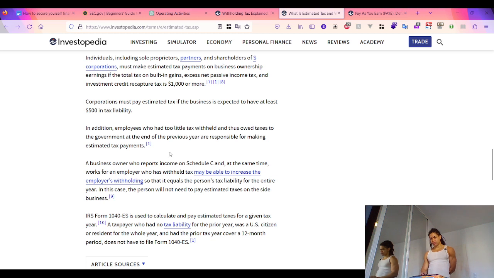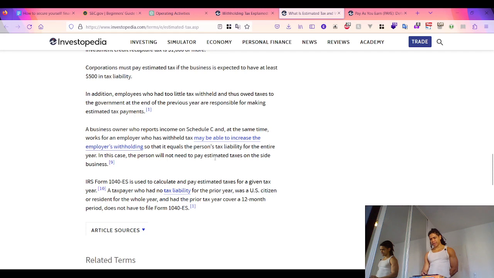A business owner who reports income on Schedule C and at the same time works for an employer who withholds tax may be able to increase their employer's withholding so that it equals the person's tax liability for the entire year. In this case, the person will not need to pay estimated taxes on the side business.